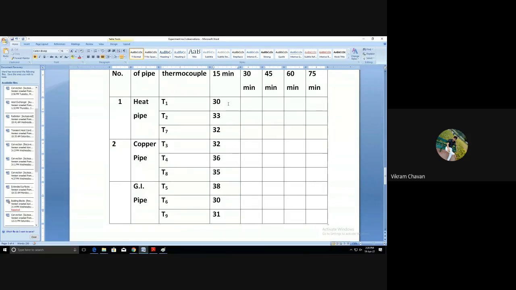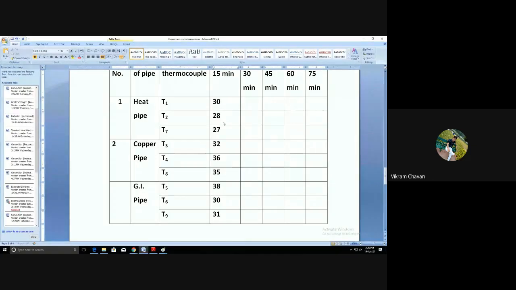Let us say that at the bottom side of the heat pipe, or the evaporative section, we are getting 30 degrees Celsius, but at the condenser side we get 30. Oh, okay, here I made a mistake. It is 28, less than the source side.